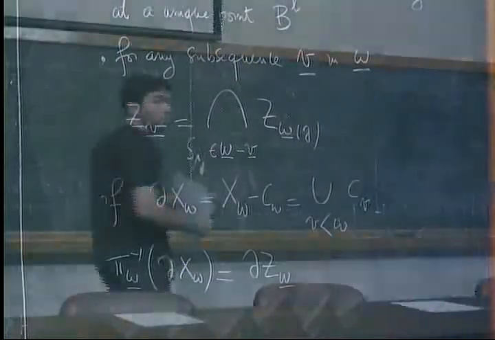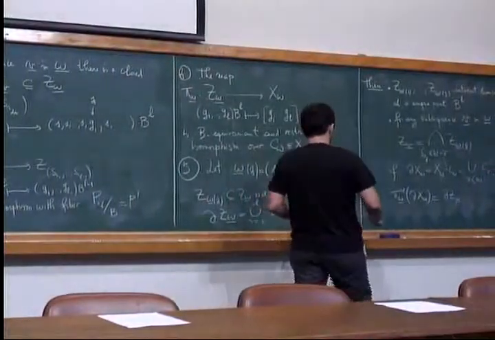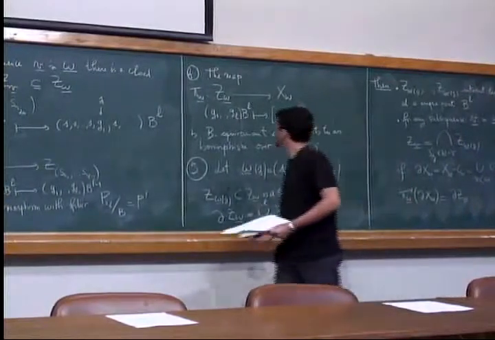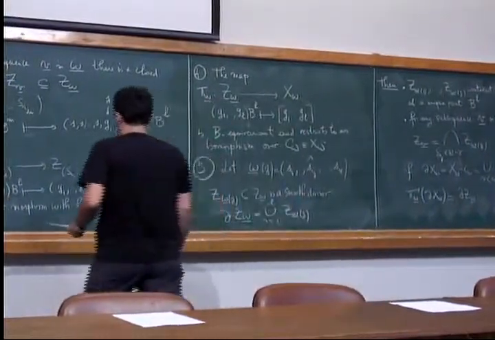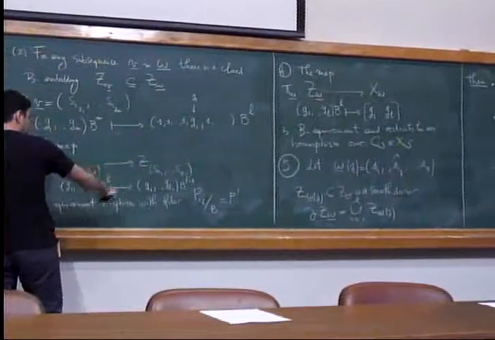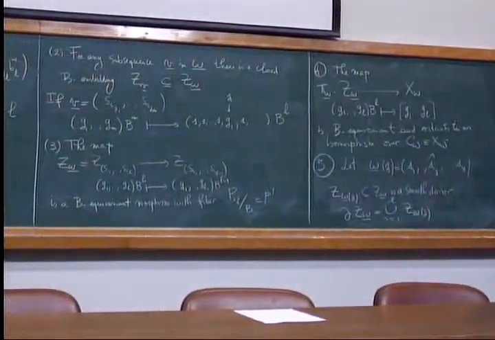And finally, we need to compute the canonical class. So this can be done more or less using this description as a tower of P1 bundles.